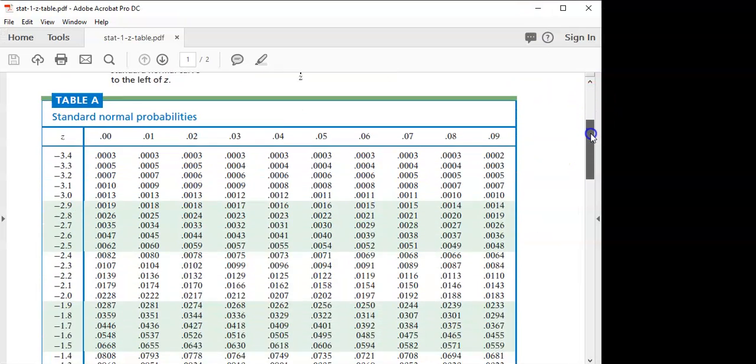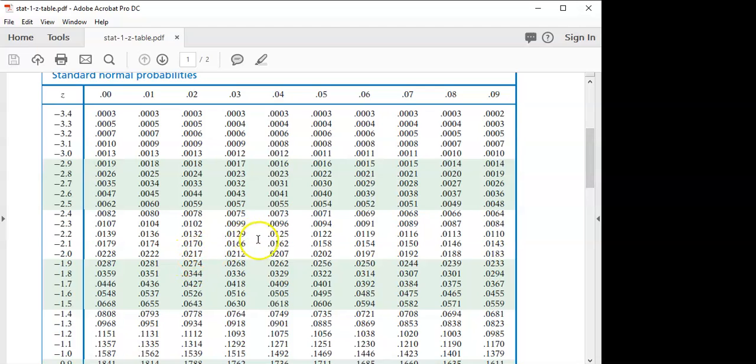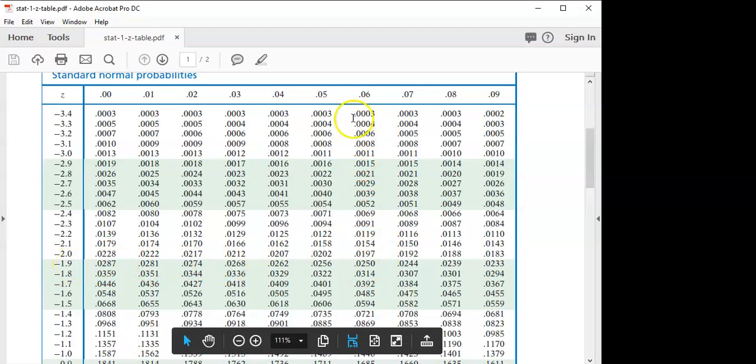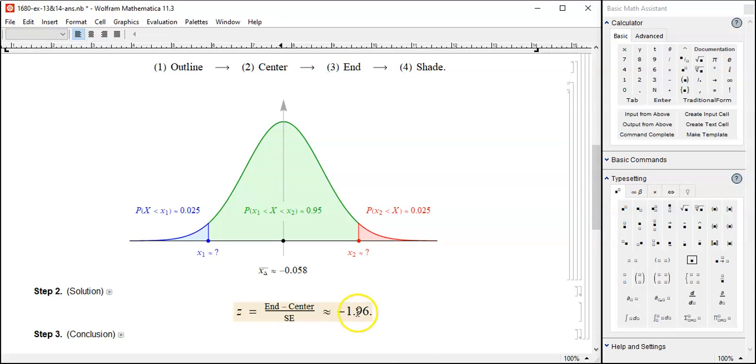So 2.5%, where is it? Right here. 0.0250, and that corresponds to negative 1.9, and then 6 columns, so negative 1.96. Consequently, you're going to get this.